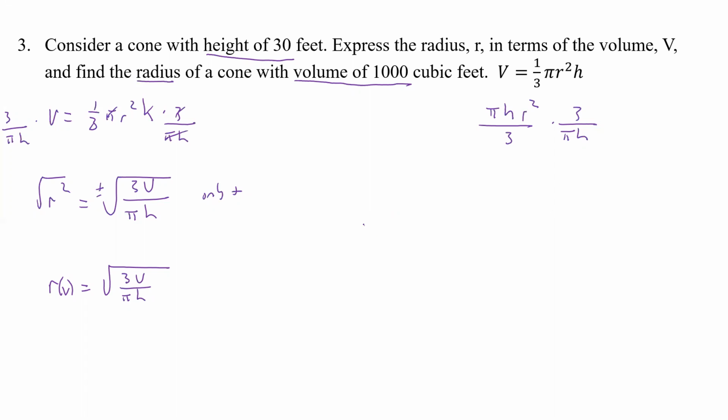So we say, okay, r of 1,000 cubic feet of volume is equal to the square root of 3 times 1,000 divided by pi times h, which was 30. Now we just plug all of that into our calculator. So we're going to have the square root of 3,000 divided by 30 pi.